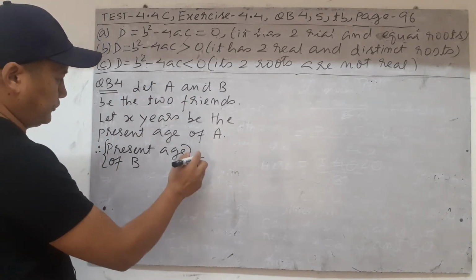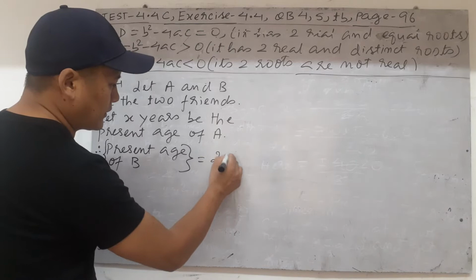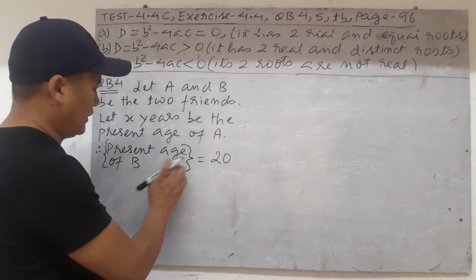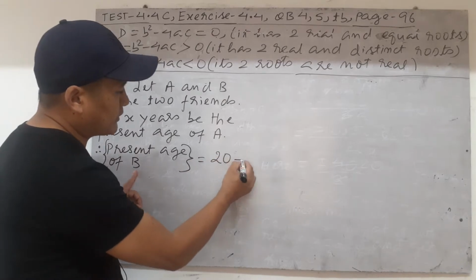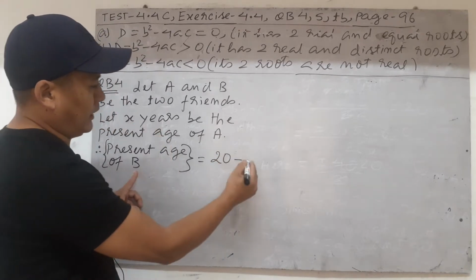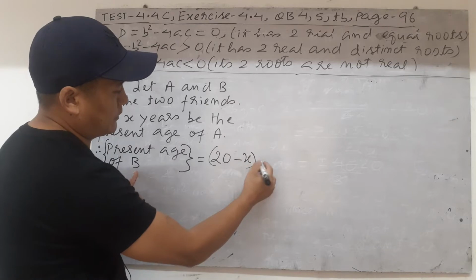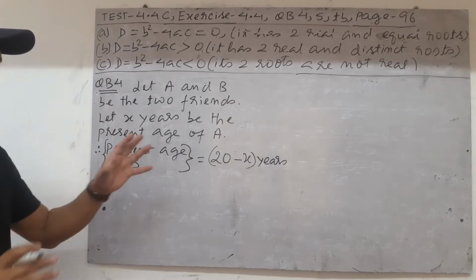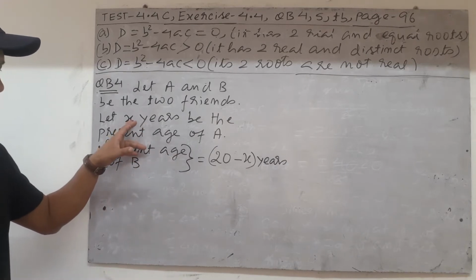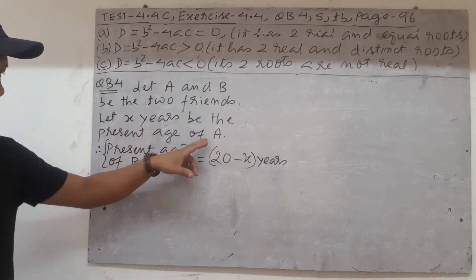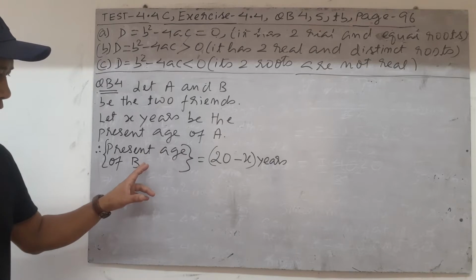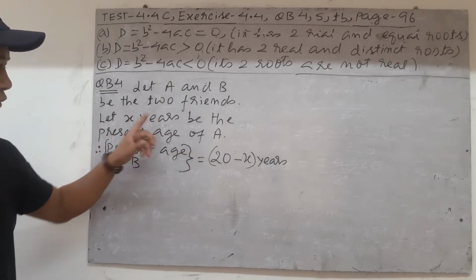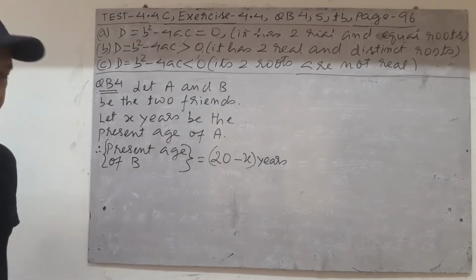So if 20 years is the sum of their ages, then the age of B will be 20 minus the age of A, 20 minus x years. Right, that is common sense. Together they are 20, and x years is the present age of A, so present age of B will be their total age 20 minus present age of A. This is common sense, right?